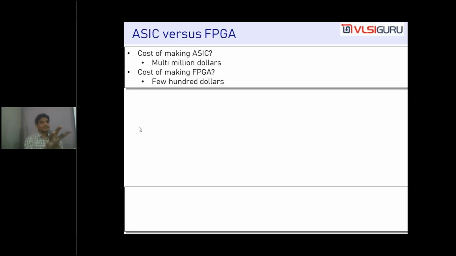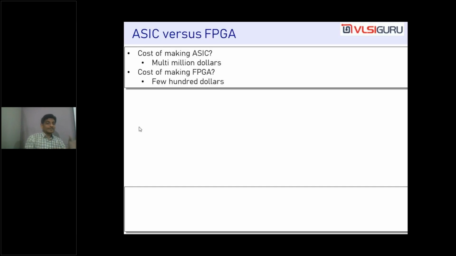All these terminologies are generally talked about in dollars. We can talk in INR, but dollars make more sense in this case. $100 is how much? 8,000 rupees, right? So what do you get for 8,000 rupees? You can go and purchase some FPGA board. Maybe if you put in a few more $100, you can get a complex FPGA board, and on that you can develop what you want.